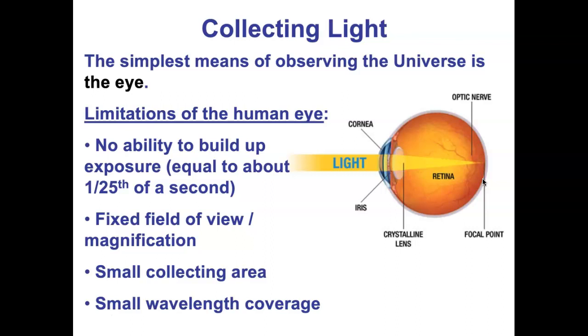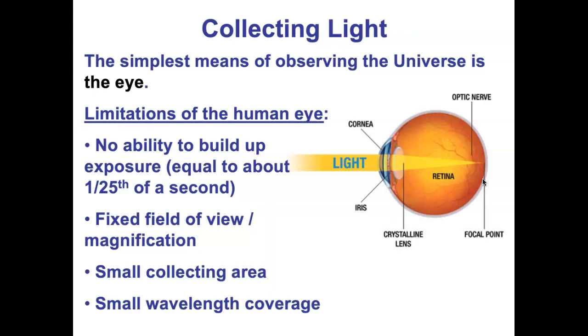And the human eye is really good, right? The human eye is a really useful tool for seeing what's around you, either on the ground or up in the sky. But the eye has some limitations, right? There's a reason why telescopes were invented, and that's because your eye is not perfect at looking at everything that you might want to see in the sky.